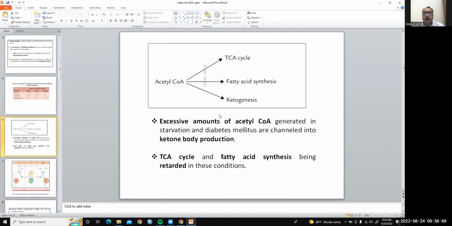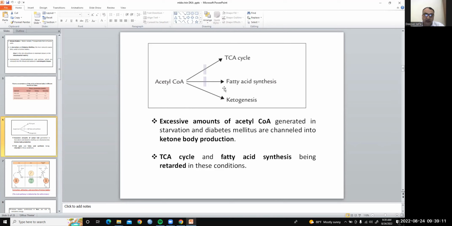In case of starvation, the hormone glucagon level will be high, and that glucagon will activate the hormone sensitive lipase, which brings about the high availability of acetyl-CoA in the liver cells, so the liver cells are highly flooded with acetyl-CoA at that time.